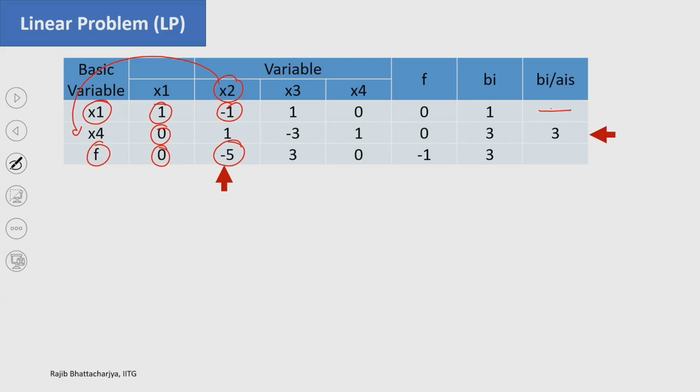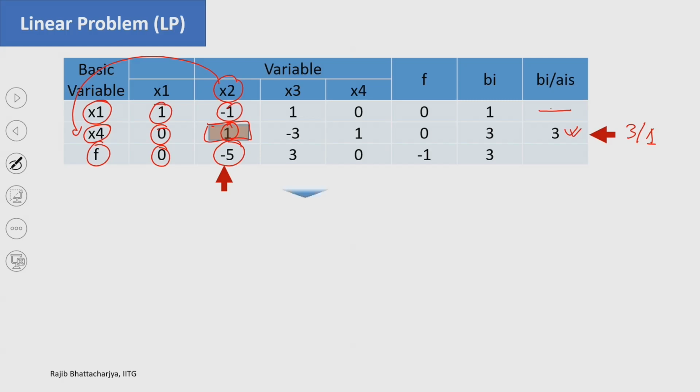And so, only the coefficient of x 2 in the second equation is 1. Now, if I calculate the ratio, that is 3 by 1. So, therefore, it is 3. So, we have only one value. So, therefore, we will consider this particular element as a pivoting element. So, that means x 4 will leave the basis, and in place of x 4 now x 2 will enter into the basis.